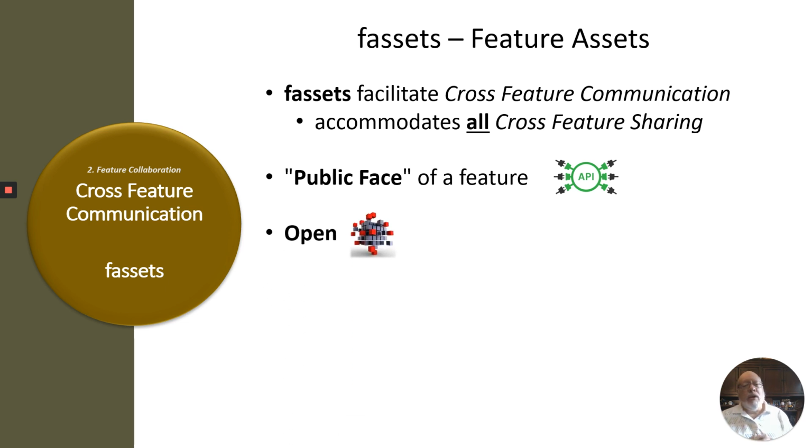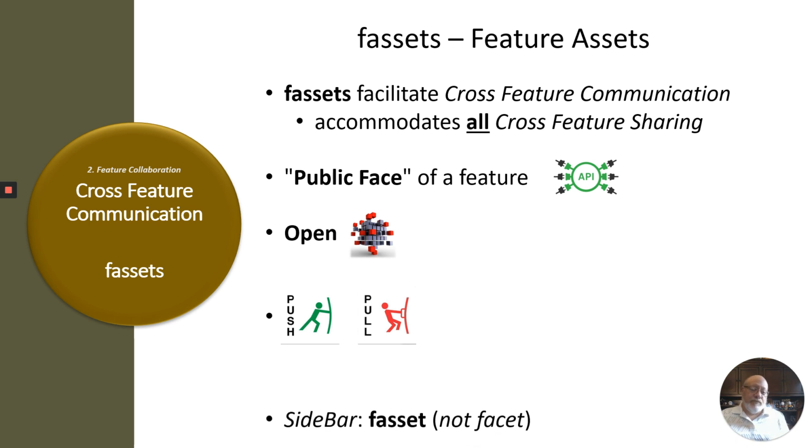And the items that you register here are truly open. Typically, they are a function or a React component, but they can truly be anything that you need within your public API. As we will see, this supports both a push and a pull philosophy. We'll see later that the pull side is really required in order to get the dynamics that we want within our plug and play characteristic.